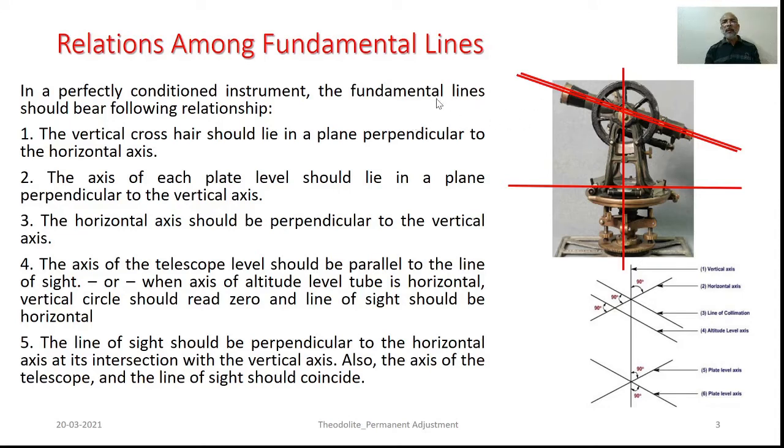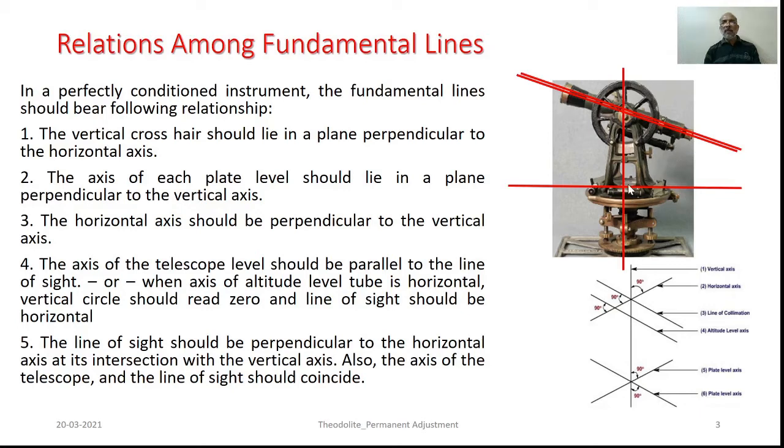As you know, in a perfectly conditioned equipment, there must be a definite relationship among the axes that we discussed. So, here this particular vertical crosshair should lie in a plane perpendicular to the horizontal axis.